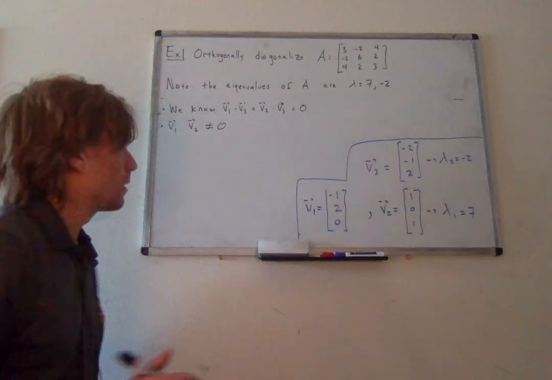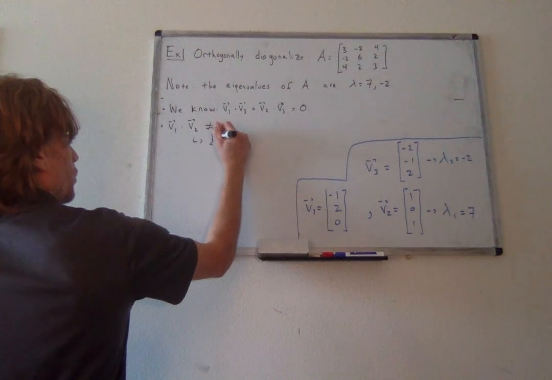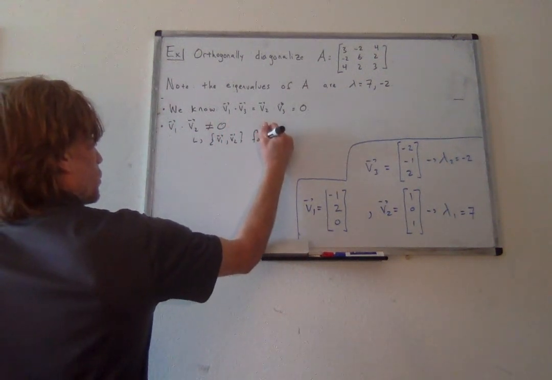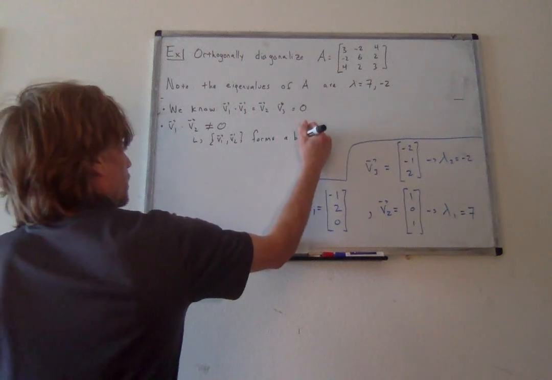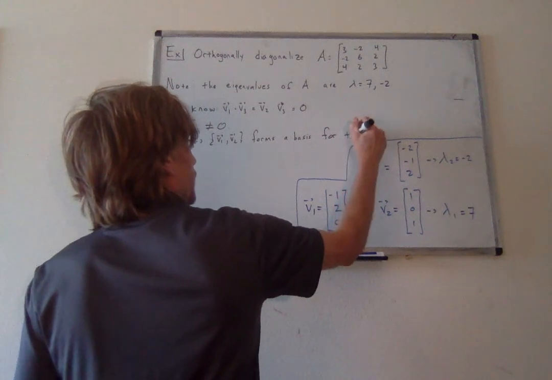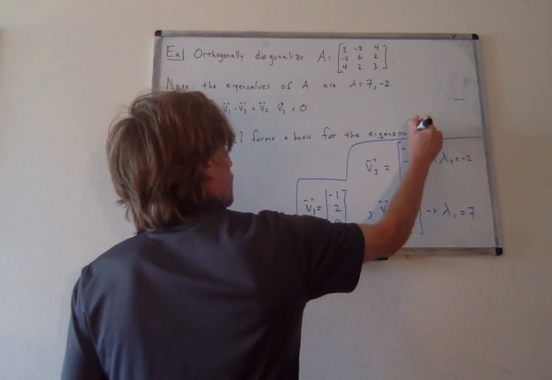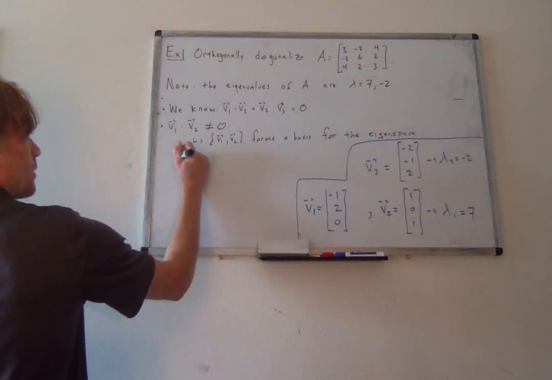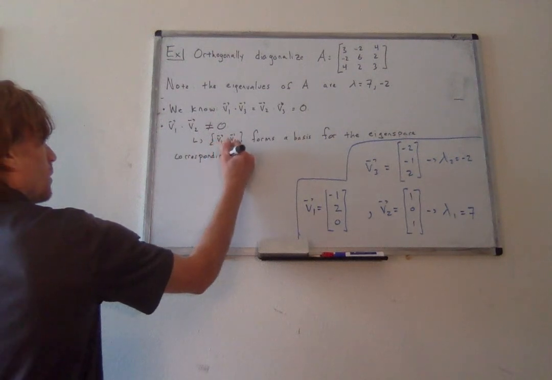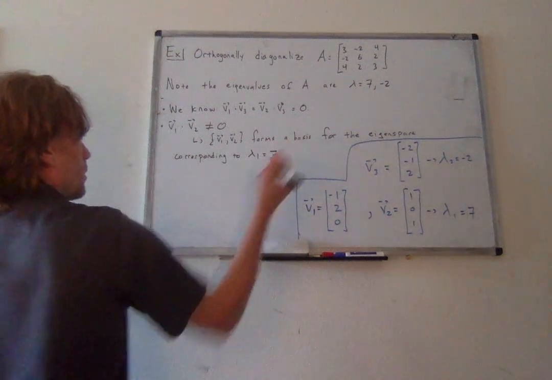But that's okay, because we know that v1, v2 forms a basis for the eigenspace corresponding to lambda 1 equals 7.